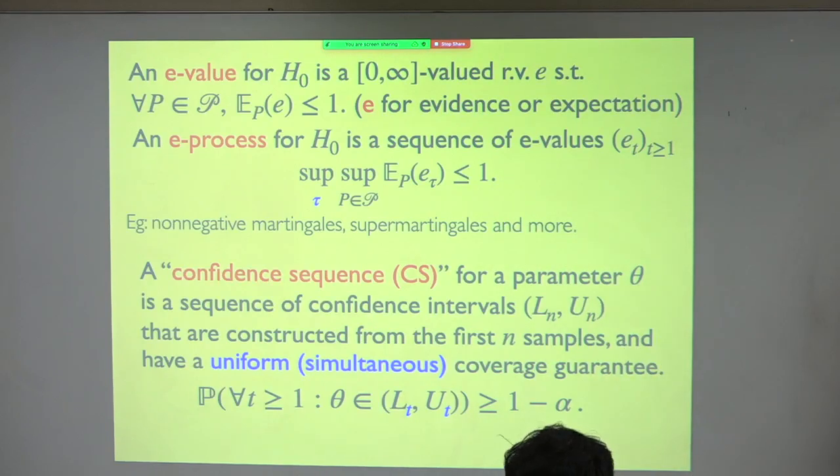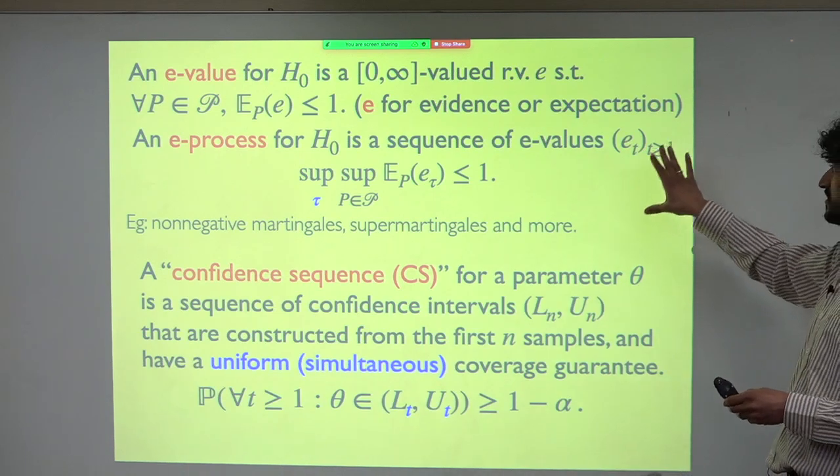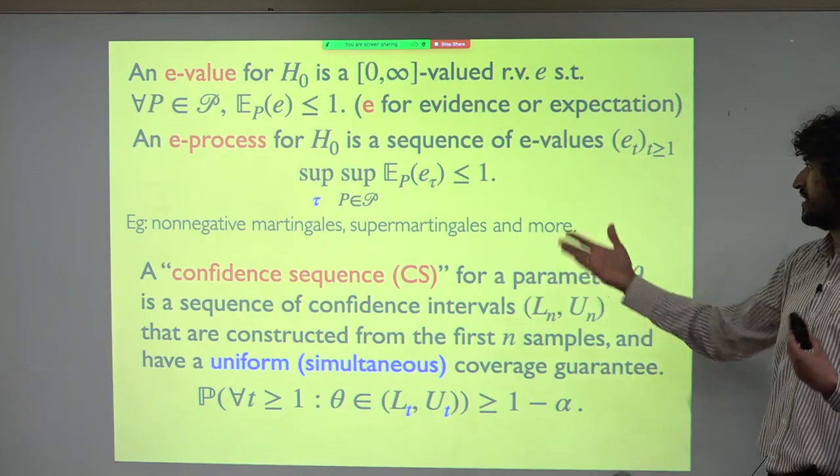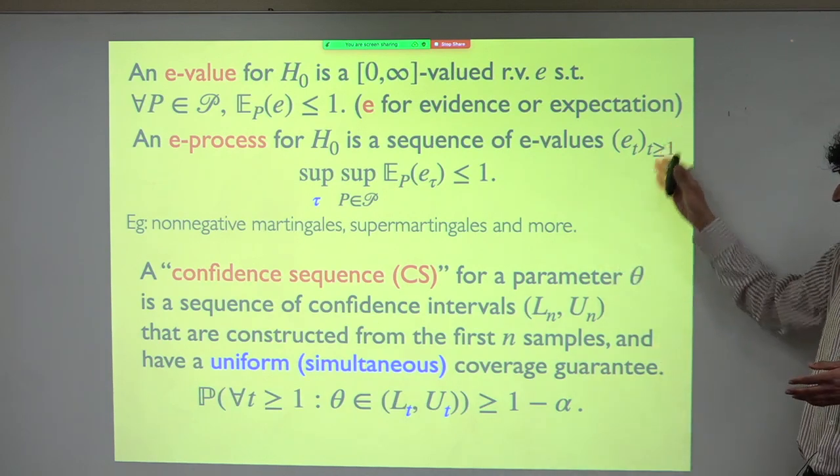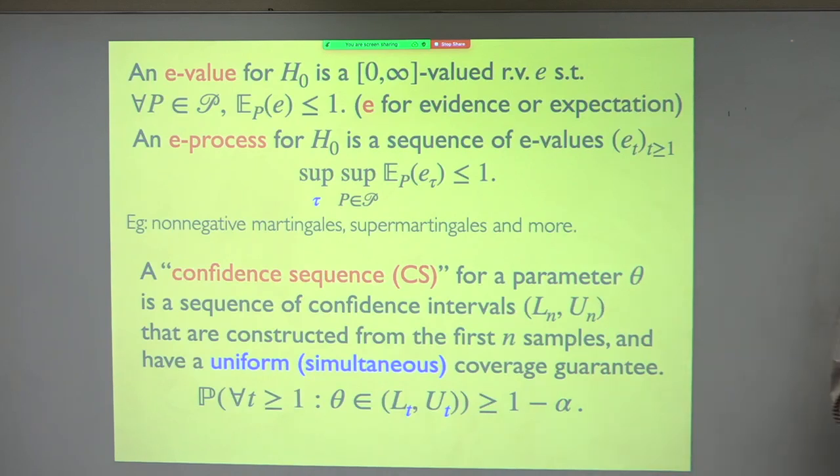So for simple nulls, an E process is just a likelihood ratio, but the interesting part is that for composite and even non-parametric classes of distributions, we can construct these types of non-negative martingales and non-negative supermartingales. We saw a lot of examples last class of this exponential type of supermartingales, and this product type of non-negative martingales for rich classes that don't even have reference measures. So the E process is going to be one definition that will come up very centrally in the talk. Try to remember it if you can.